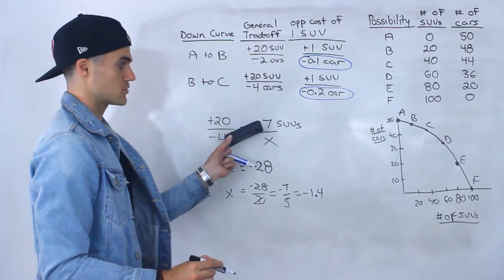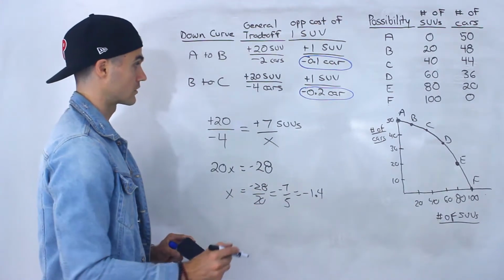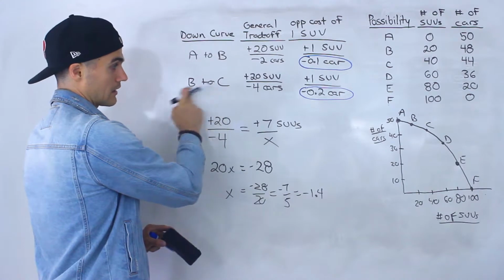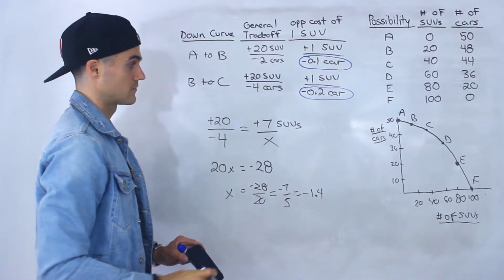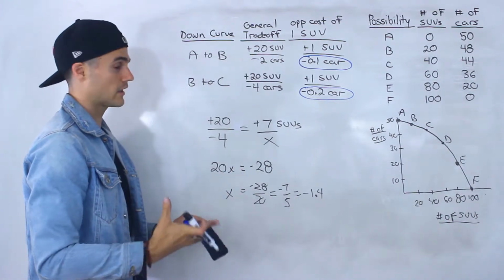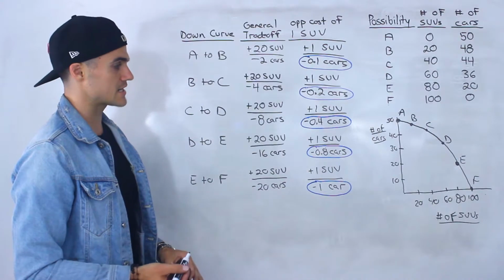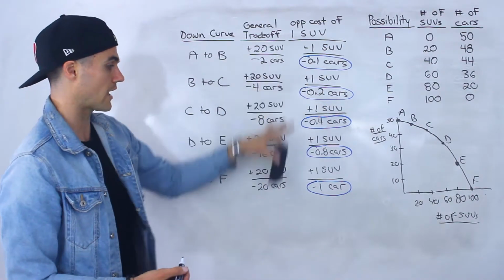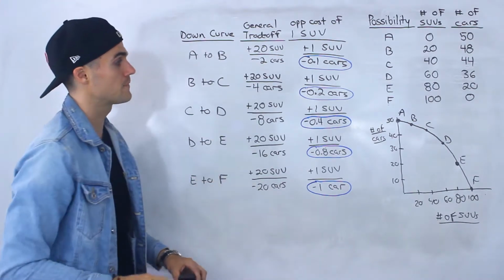So the opportunity cost of producing 7 SUVs is 1.4 cars in this interval here as we move from B to C. So again, you got to be comfortable in answering any of these types of questions. And if you fill in the rest of the table with this data here, you'd end up getting this. So from C to D, D to E, E to F.